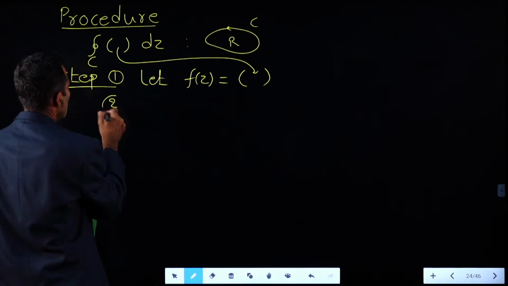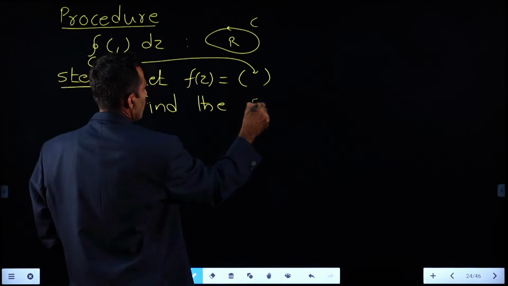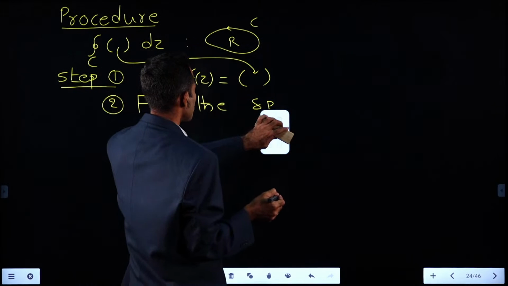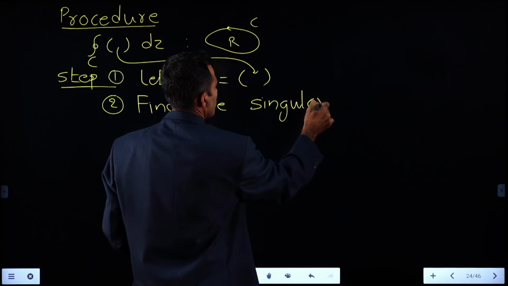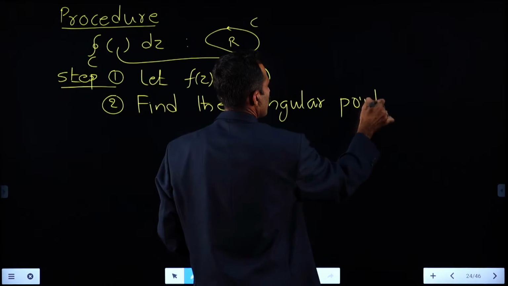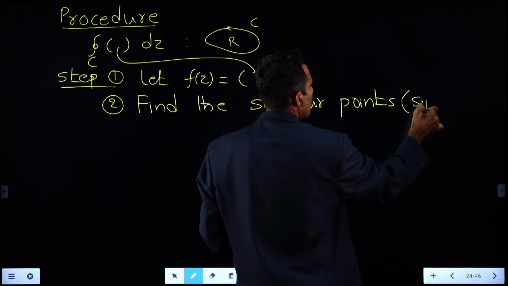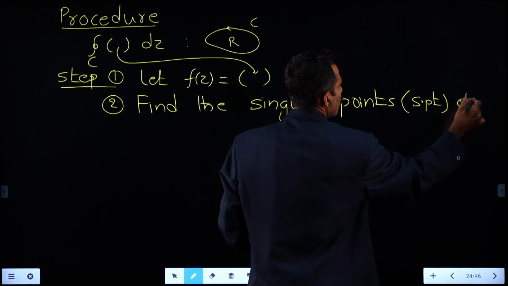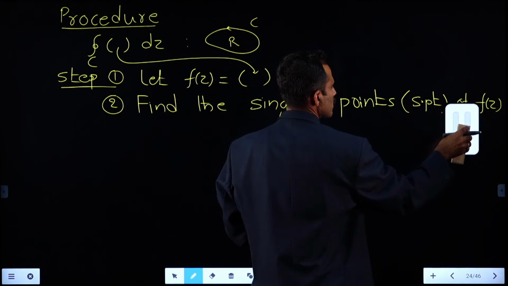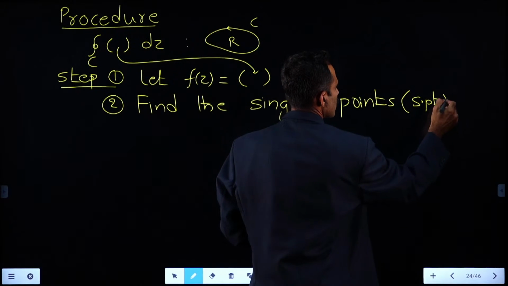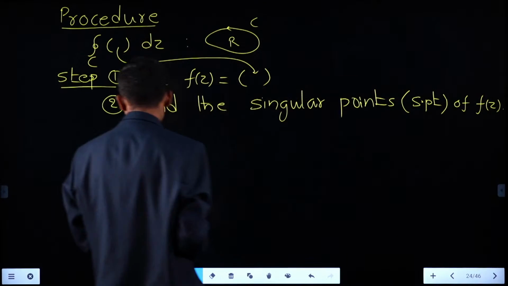Next, step number 2: find the singular points, in short form, s.pt of f(z).